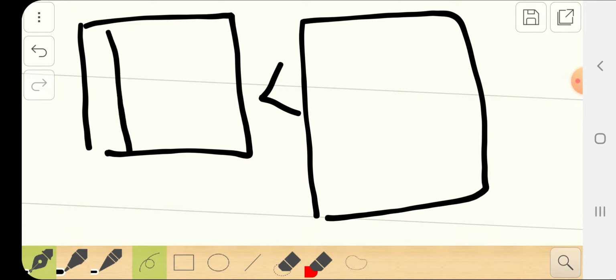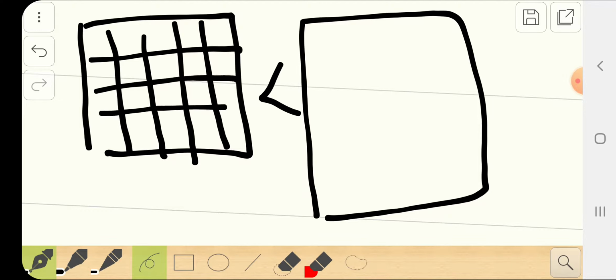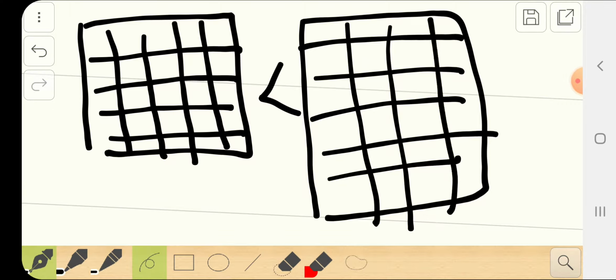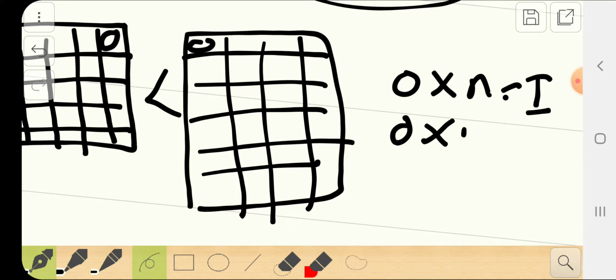Well, you can disintegrate this into smaller parts, and you can also disintegrate this into smaller parts. When you do that, you can find an equal part on both sides. You multiply one by n and you get the first, and you multiply the other by m and you get the second material.